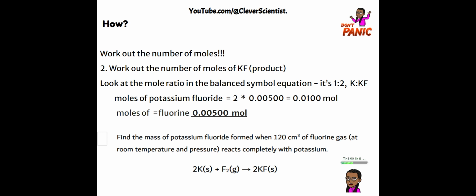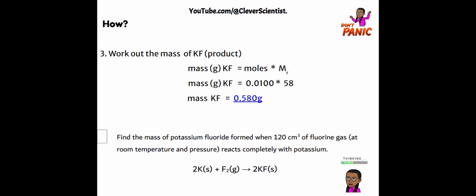Now, next step, we've got to work out the mass of the product formed. Mass is equal to moles multiplied by the formula mass. The formula mass for potassium fluoride is 58. So we just multiply that by the number of moles of potassium fluoride we've just calculated.